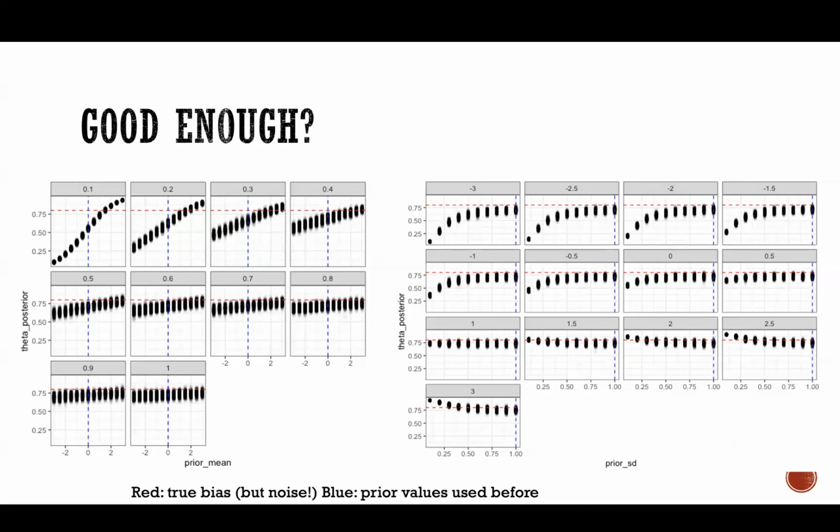So for instance, if you're regularizing, meaning if you want the data to work extra hard to persuade you that there is an effect, then you might want to be before the region of stability. You want your prior to be affecting the results, making it extra hard to move away from zero.